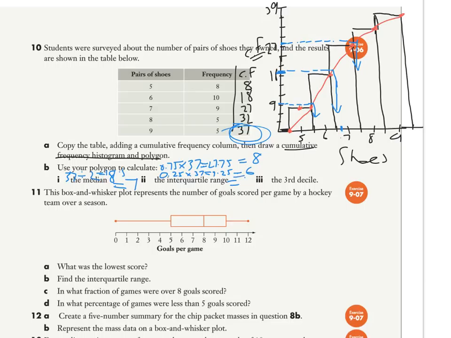So our interquartile range is 8 minus 6, which is 2. Now the third decile is 0.3, again of the 37, which gets us 11.1, which is just probably about there, which again is 6.